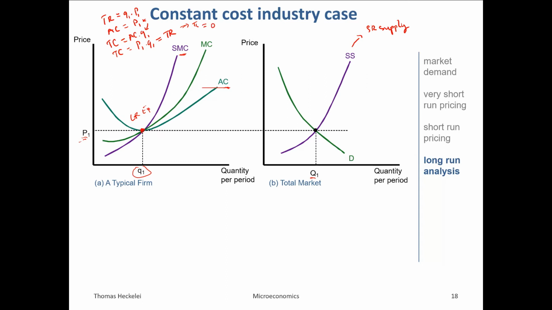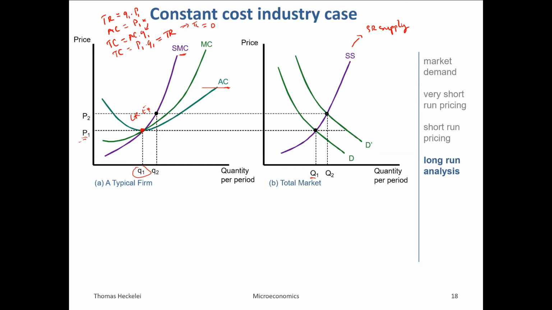And this is the difference compared to the short run equilibrium before, but I will come back in a second to that when we see the next movement. Now assume for some reason demand shifts outward. For example, income increases and demand for cars will also increase, like we have seen with the previous example.